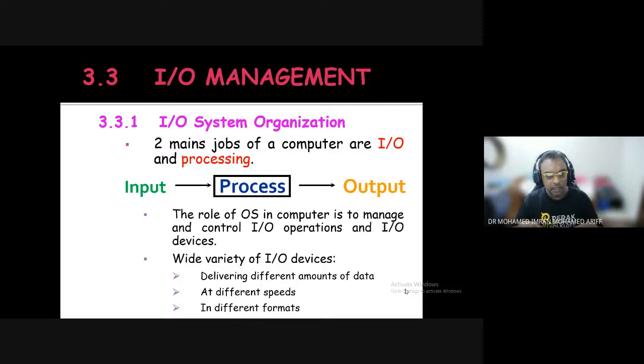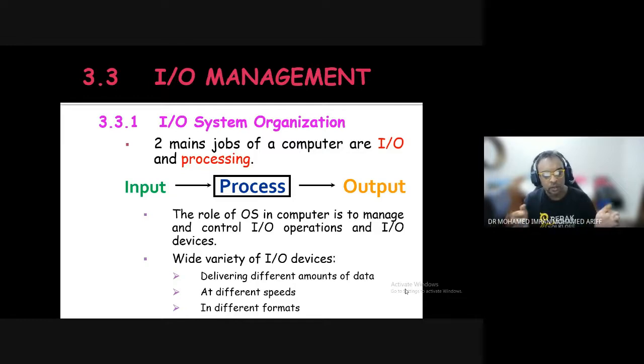you type in something on your keyboard. So typing something on your keyboard is considered one input, and whatever appears on the screen is an output. Okay, but if you really go into detail, the input from your keyboard is processed by the CPU and is delivered out as an output, and that output now becomes an input for the monitor to display on the screen.